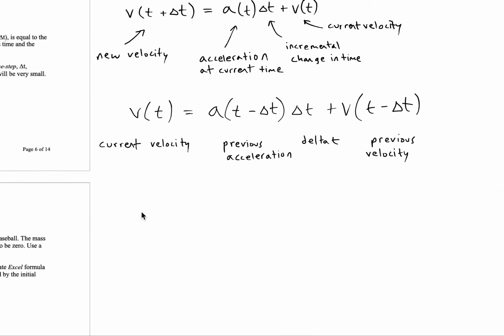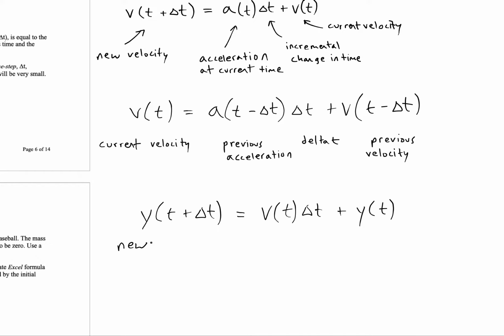You'll find that y of t plus delta t will equal the velocity times delta t plus y of t.